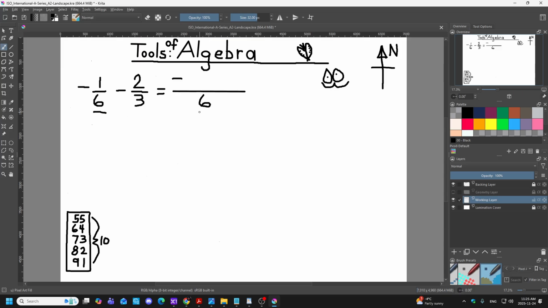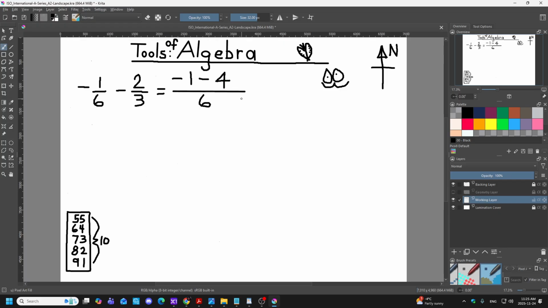We have the same common denominators, therefore our numerator is unchanged. Bring your subtraction sign over, and then we've got to work this. What times 3 gives us 6? Well, that's 2. 2 times 2 is 4. There's our answer.